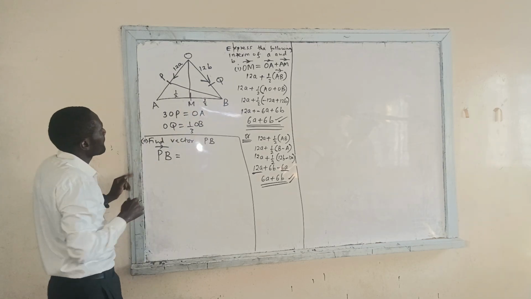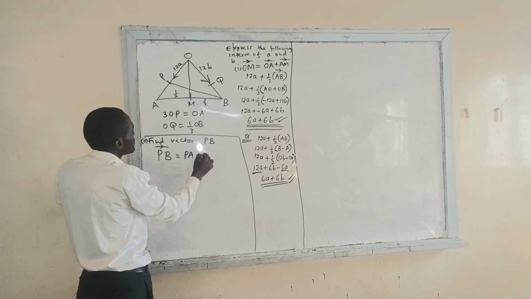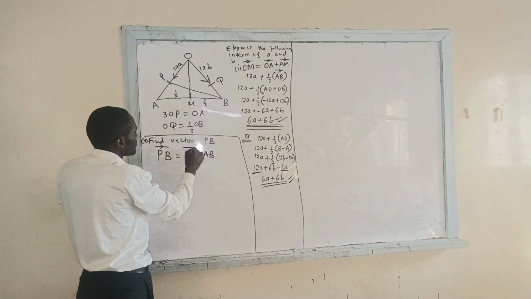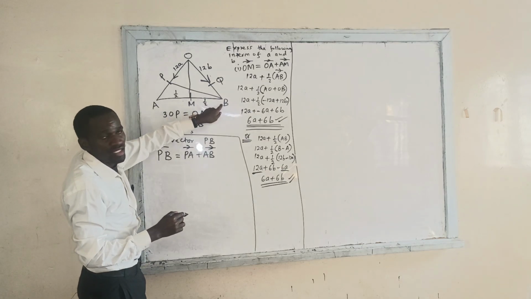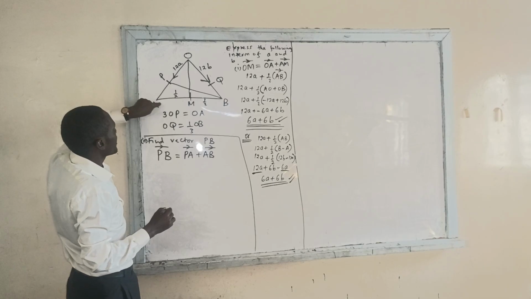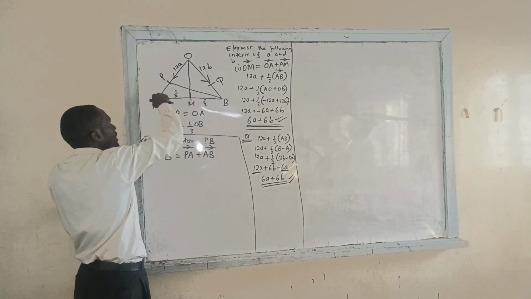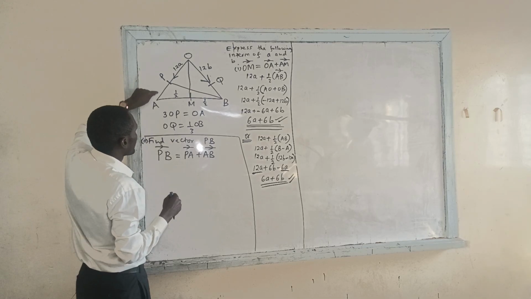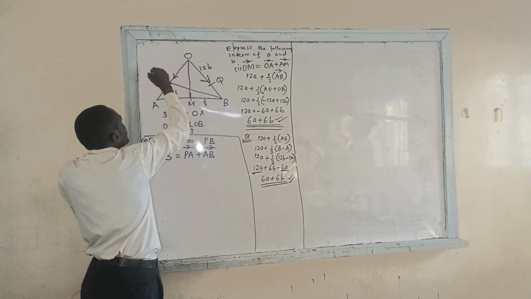Very good. So PB is equal to PA plus AB. Look at that. You want to move from P to B. How do you go about this? We'll say PA plus AB. So from P to B, PA, AB. Remember, there's something you need to know here.